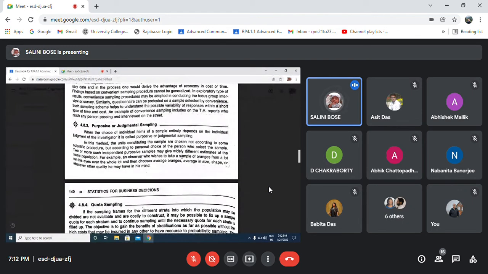Next one is judgmental sampling. When the choice of individual items of a sample entirely depends on the individual judgment of the investigator, it is called purposive or judgmental sampling. In this method, the units constituting the sample are chosen not according to some scientific procedure, but according to the personal choice of whoever selects the sample.